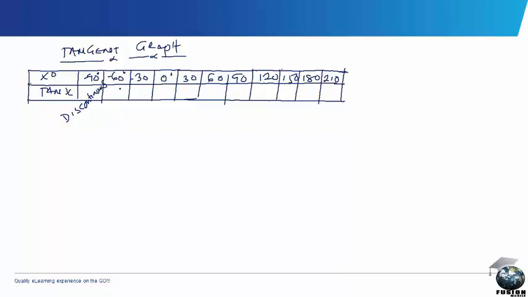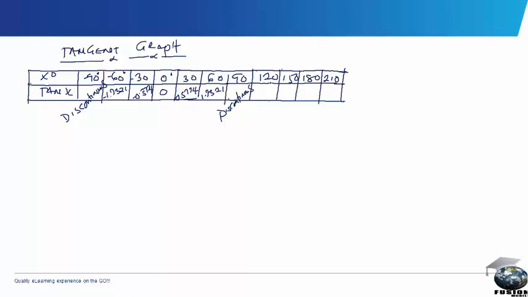But at minus 60, the value there is minus 1.7321, and at minus 30 the value there is minus 0.5774. At 0 it's 0, at 30 it is 0.5774, at 60 it is 1.7321, and then at 90 it is discontinuous again.